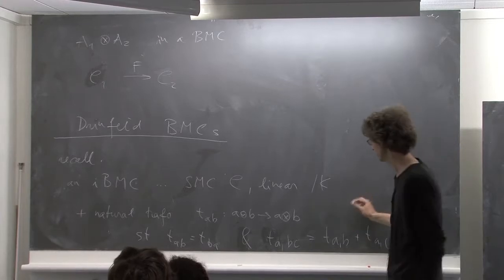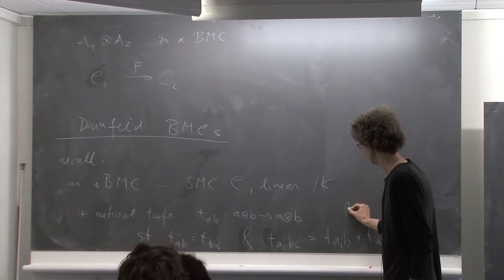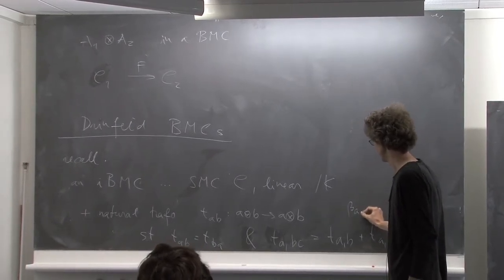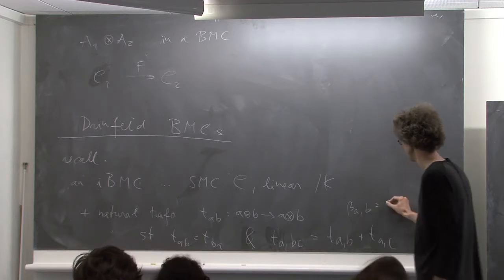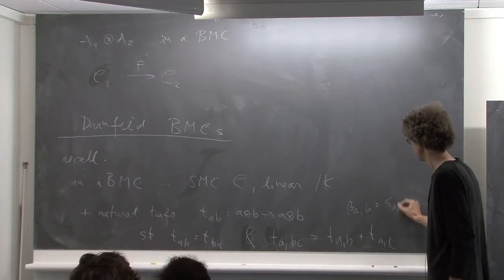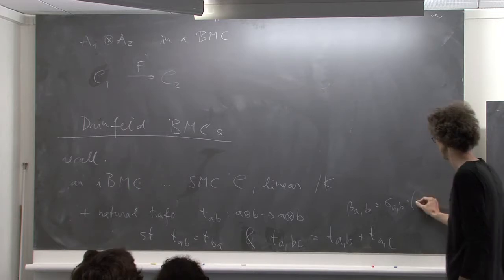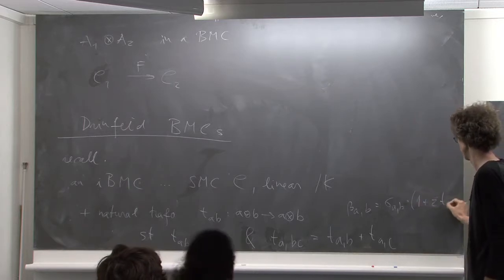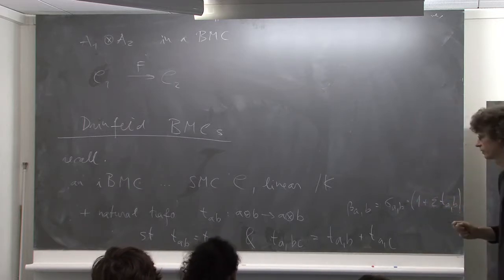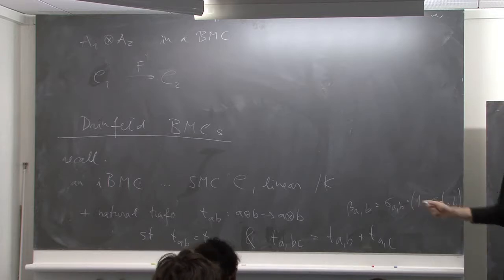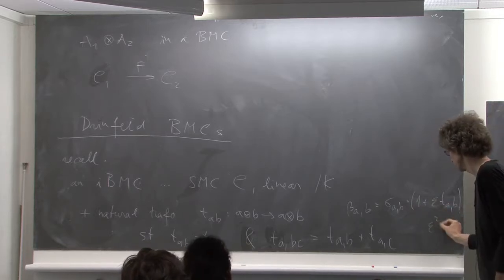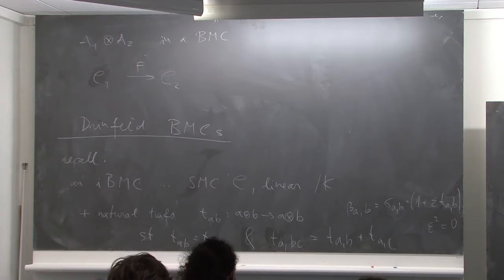So with this information, we created some kind of new braiding, beta_{AB}, which was symmetry sigma_{AB} composed with 1 plus epsilon T_{AB}. So this was a braiding where we had to impose that epsilon squared is equal to 0.